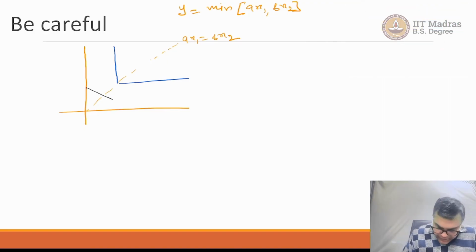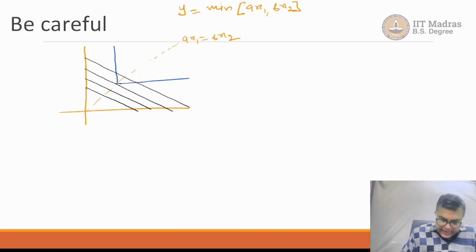This is the isocost line. So here is x1, here is x2. In this particular case also, we see that the tangency criteria is not satisfied, as for the isoquant at the corner point, the MRTS is not properly defined.